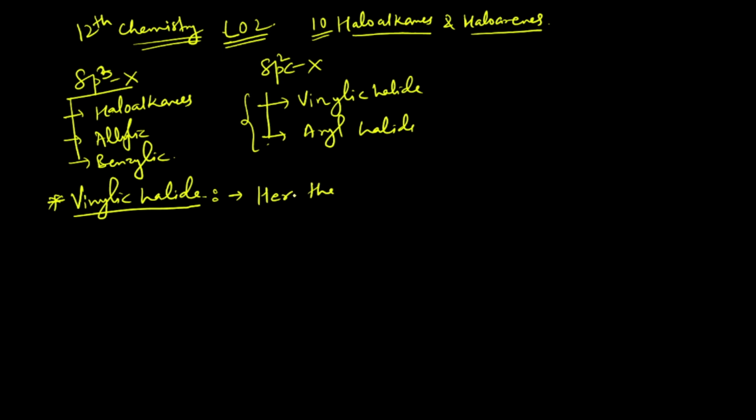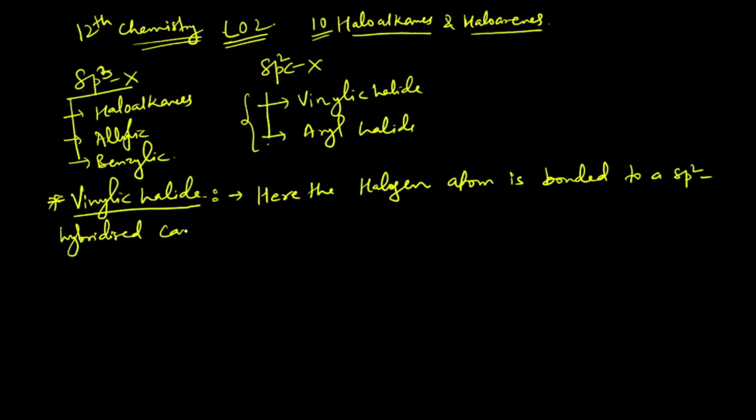Here the halogen atom is bonded to an sp2 hybridized carbon atom of a carbon-carbon double bond. Got it? Of a carbon-carbon double bond, that you have to make sure.